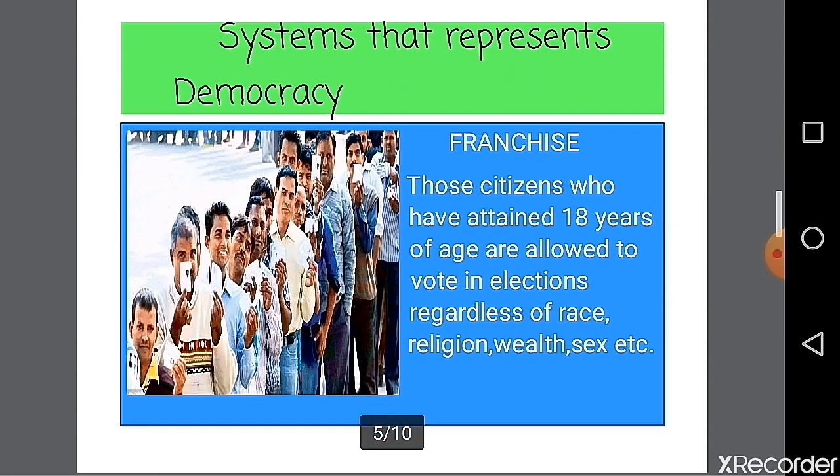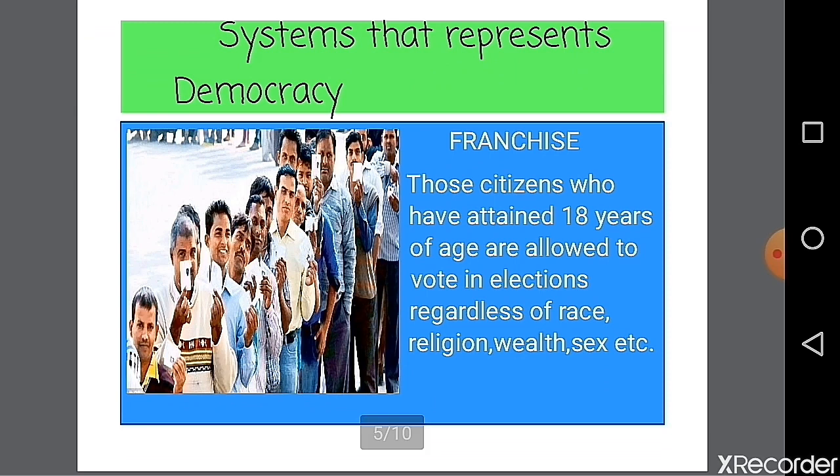Now what are the systems that represent democracy? What are the things that show that this country is a democratic country? In a democratic country there is franchise. I am not talking about movie franchises. I am talking about universal adult franchise. What does it mean?